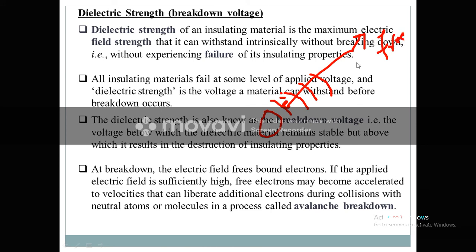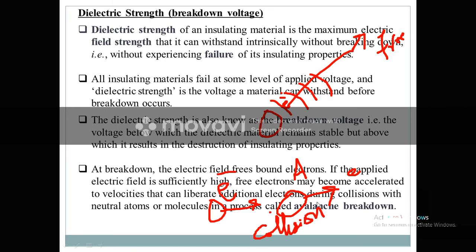This free electron will then collide with another neutral atom. This is an electron, and this is a neutral atom, for example A. So it will collide with this A and eject the electron from this neutral atom as well. This is because of the collision, and the collision carries kinetic energy.